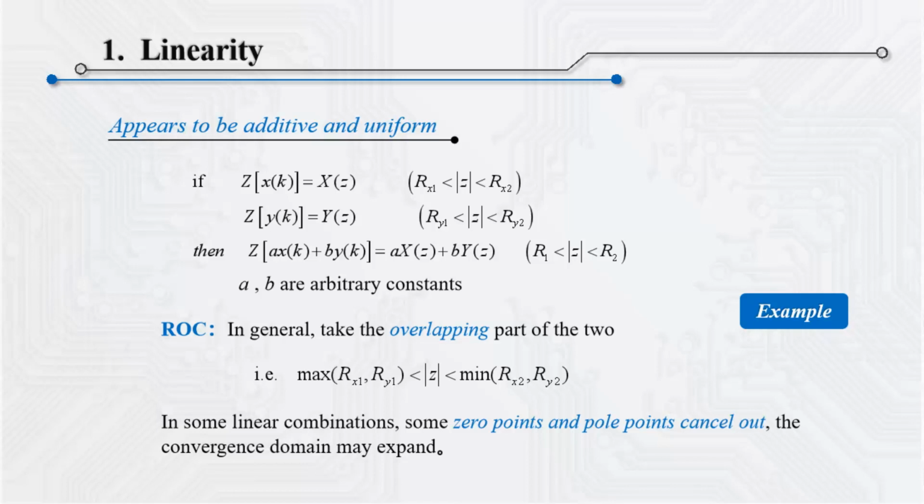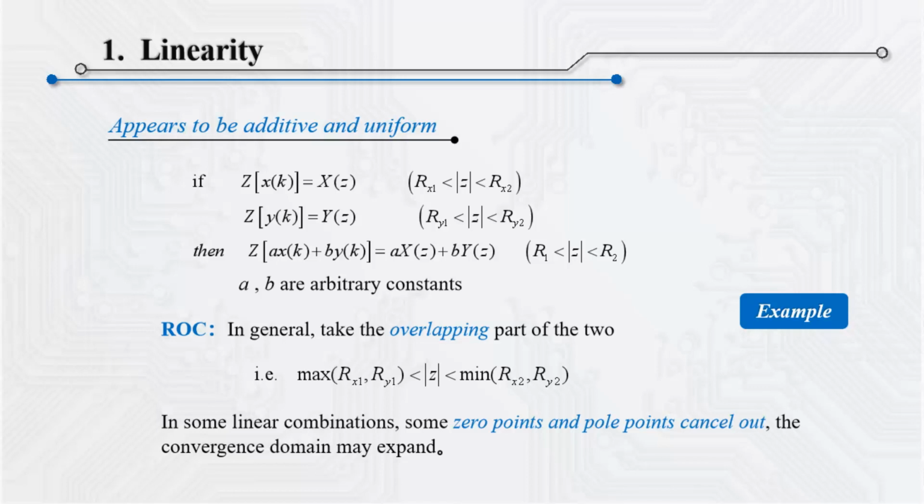It is known that the z transform corresponding to x of k is x of z. The z transform corresponding to y of k is y of z. Then, when a new sequence is a x of k plus b y of k.